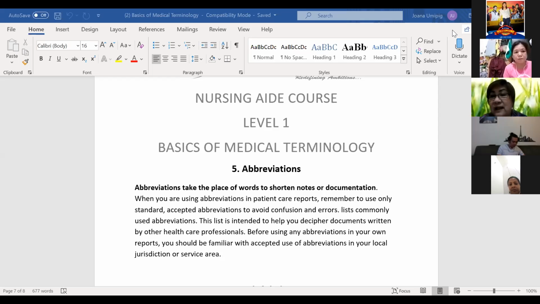Okay? So the doctor or the nurse will not instruct you, and you are going to instruct your patients, not with the abbreviations, but explain to them what exactly it means. Just like for example, NPO, a most commonly used abbreviation.